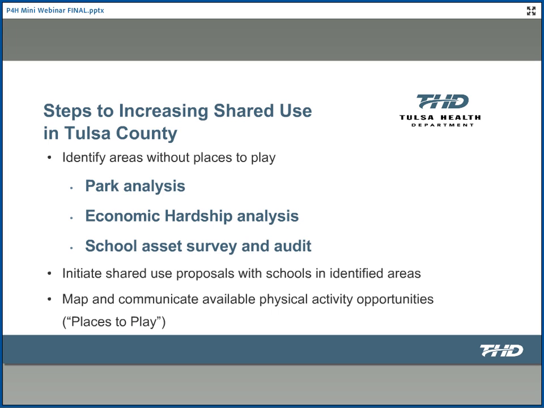So that required doing a park analysis. It also required doing economic hardship analysis, where you'd look at people's levels on the economic hardship index, because that also affects whether they have access or not. And then we did a survey of the school districts, and also did a physical audit of their school assets.